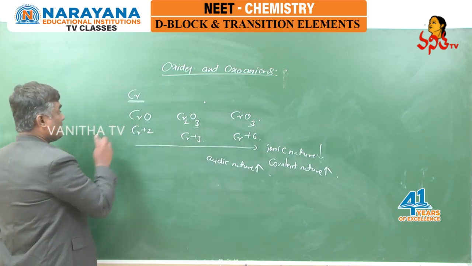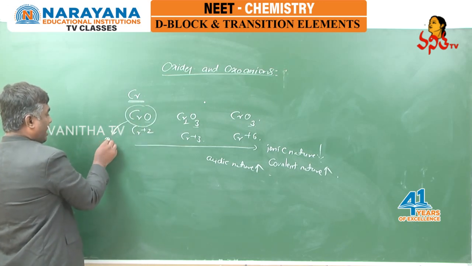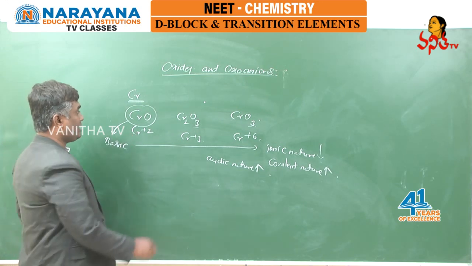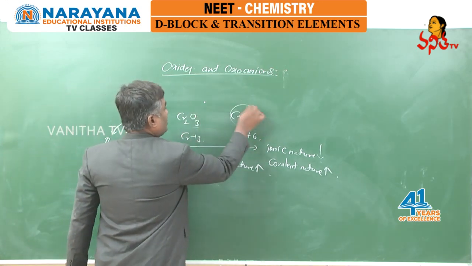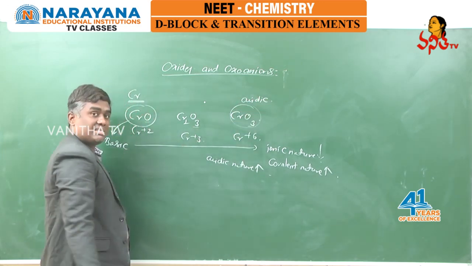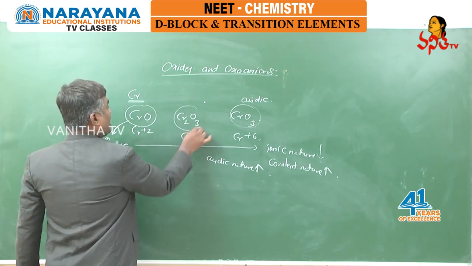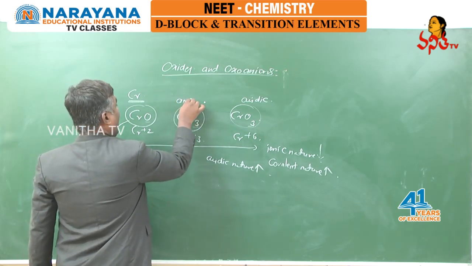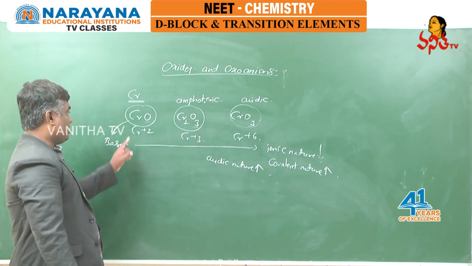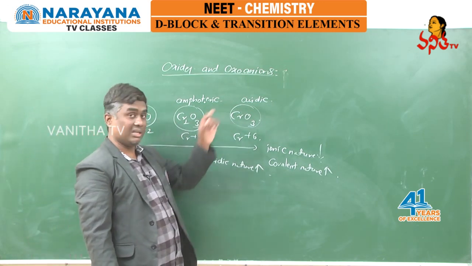Based on this, we can confirm that CrO is having basic nature because oxidation number is lowest, and CrO3 is acidic in nature because here oxidation number is highest, or amount of oxygen comparatively highest, whereas Cr2O3 is having amphoteric nature. Means CrO basic, Cr2O3 amphoteric, whereas CrO3 is acidic.